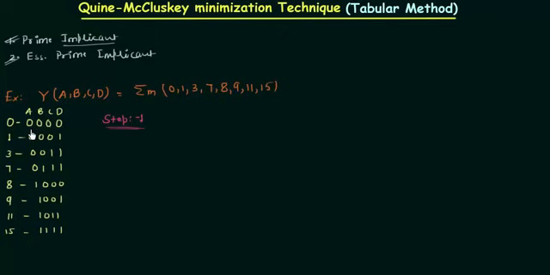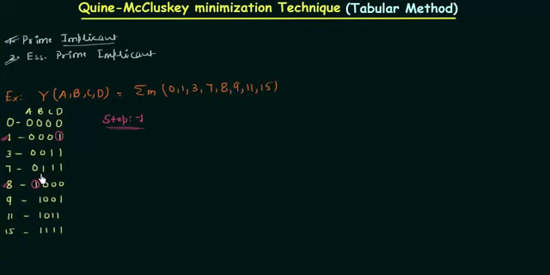For the first group, we are going to have the minterm with no 1. It means 0 is going to be in the first group. In the second group, we are going to have the minterms with a single 1. So you can see 1 has a single 1 and 8 has a single 1. So 1 and 8 are going to be in group number 2.